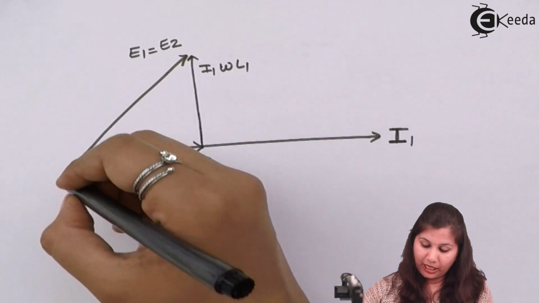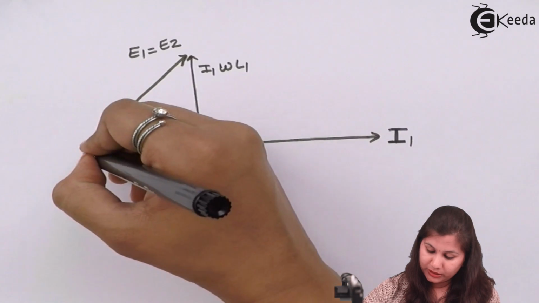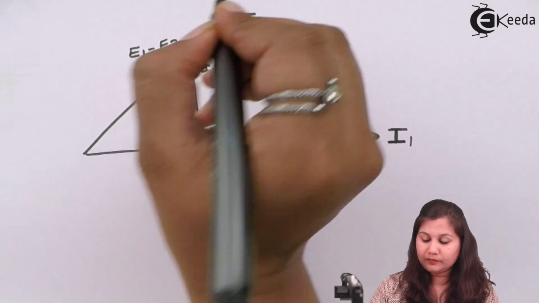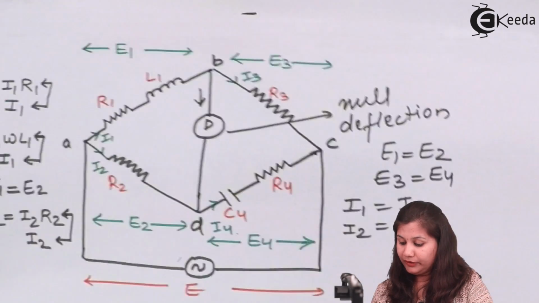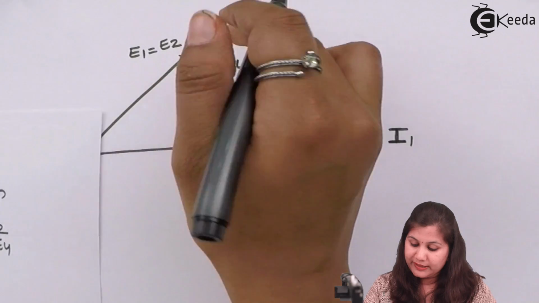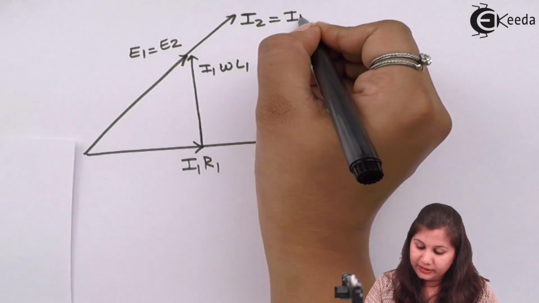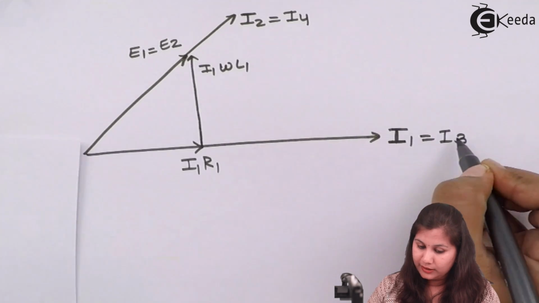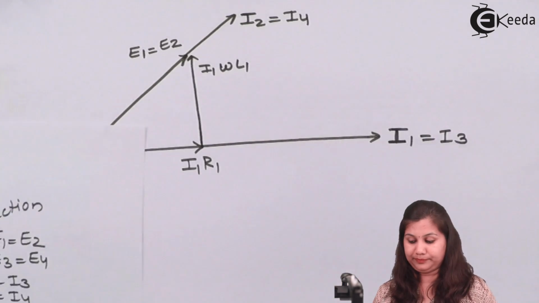So the current I2 will be drawn on the same line. And we have written here that this current I2 is equal to I4. So this phasor is also for the current I4, and the I1 current is equal to the I3 current.